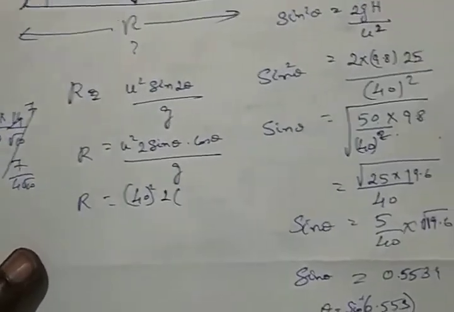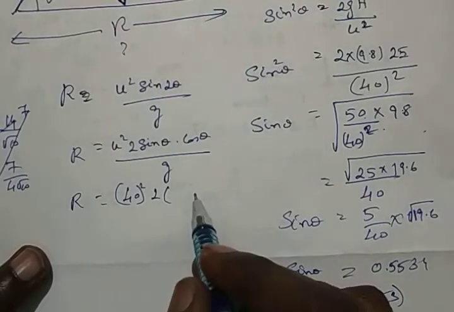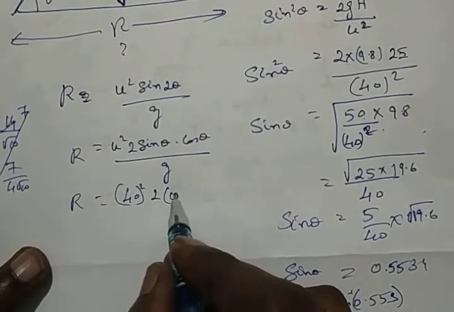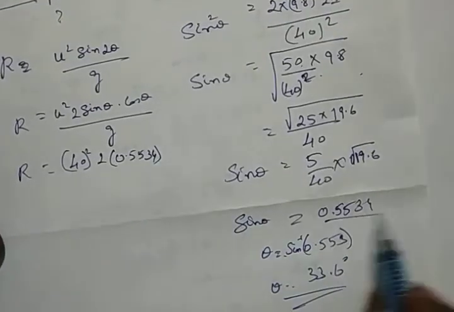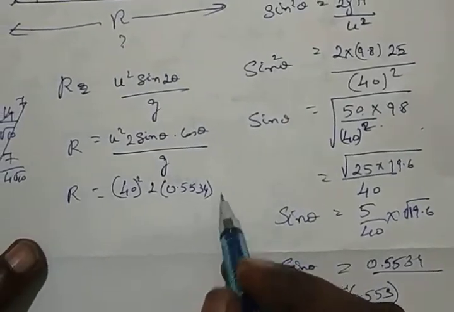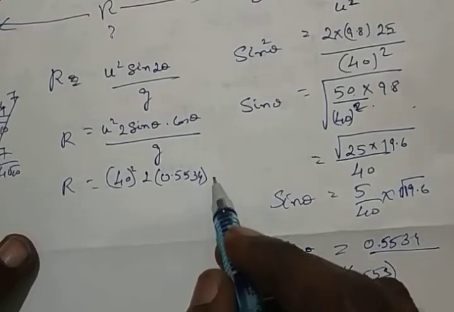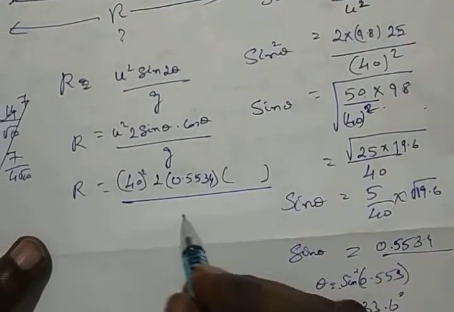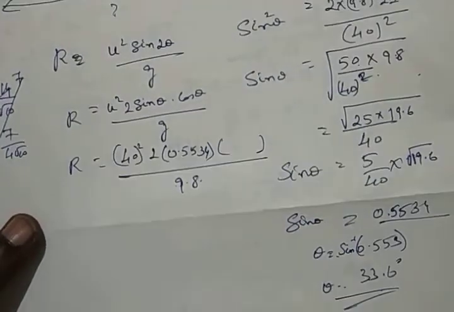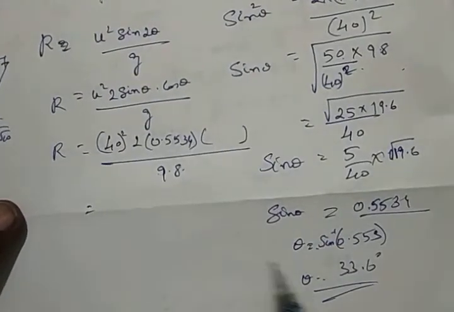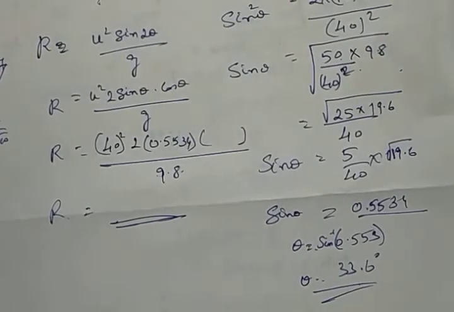Already sine theta value we know, and then you can find out cos theta. You have to put the value here and then get this value here. So sine theta is already 0.5534, I am taking it from these values, and then cos theta you have to put the value of cos 33.6 and then get this value here, right, upon g, which is 9.8, and you get this answer here. So you will be able to get the answer here finally. You can calculate and then get the answer here, right?